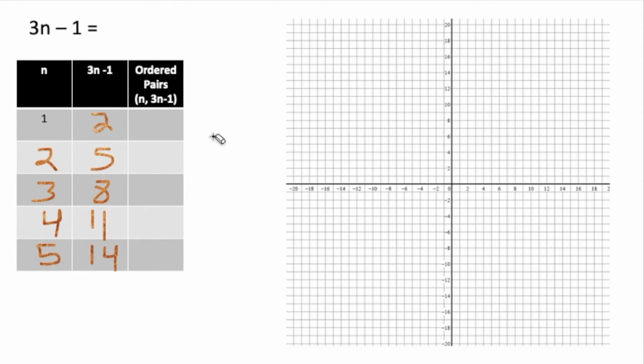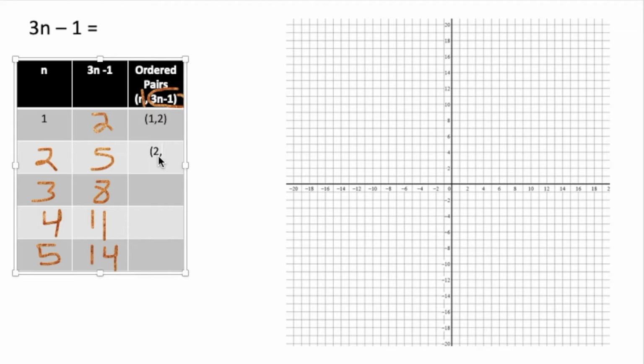All right. So how do I then figure out my coordinates? Well, here, these are my ordered pairs. n is going to be x, and 3n minus 1 is going to be y. So I'm just going to put in my coordinates now. So this is 1, and this is 2.